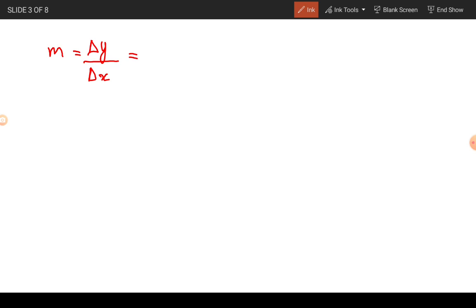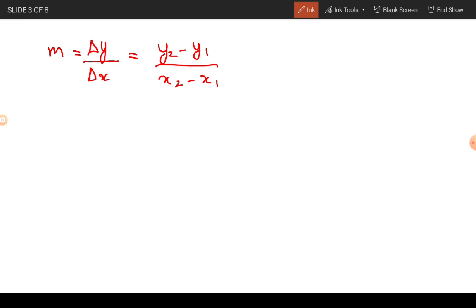The triangle is read as delta, which represents change or difference. So delta y can be written as y2 minus y1, and delta x can be written as x2 minus x1.